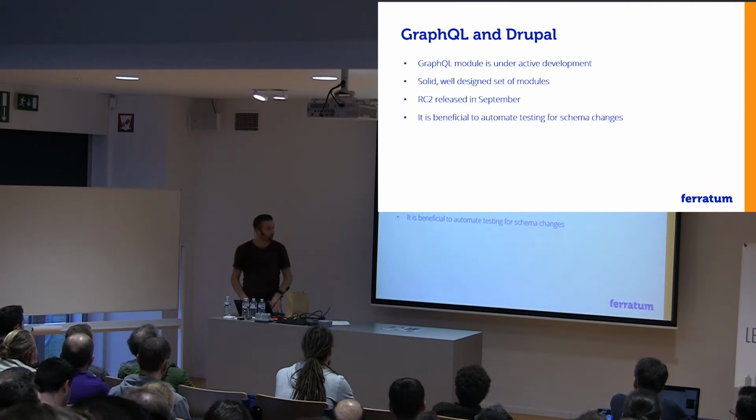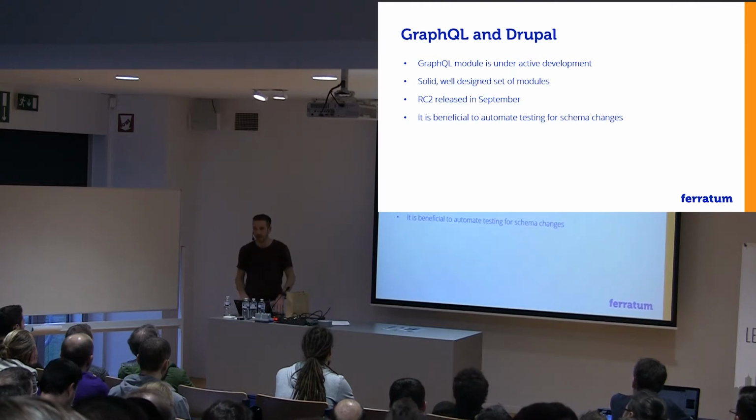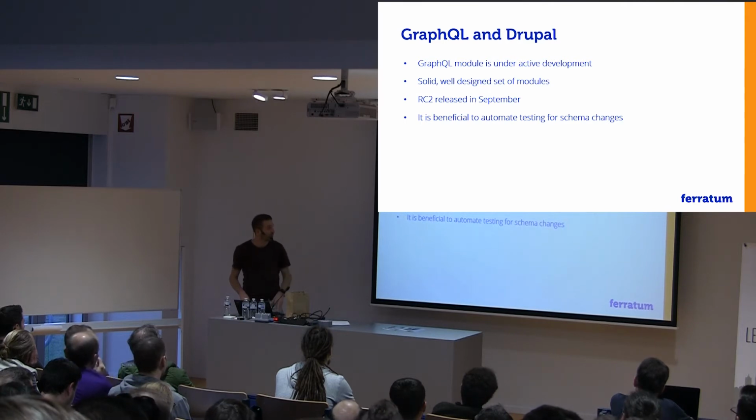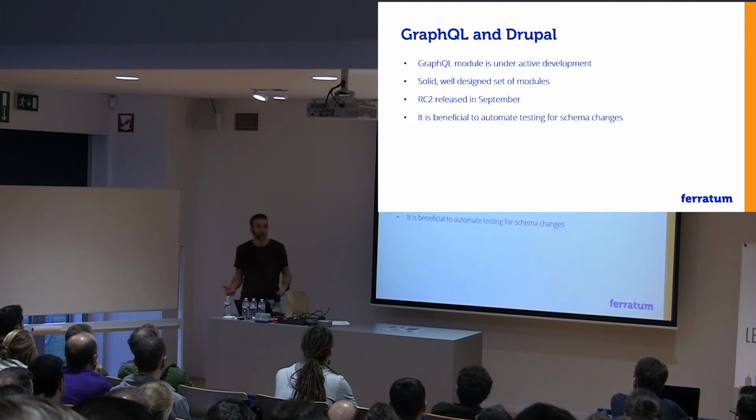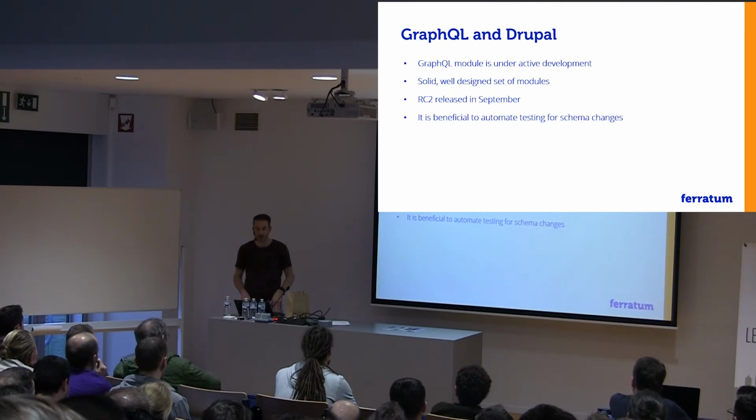You can have GraphQL snapshot testing in place, so have some requests which you fire against the backend, and they should return the same kind of response before and after the update that the front end expects. This way you protect yourself if there would be some change in the GraphQL module which you didn't notice as you were performing the update. You didn't read the release notes properly or something. Automated tests will definitely protect you from breaking your front-end solution.